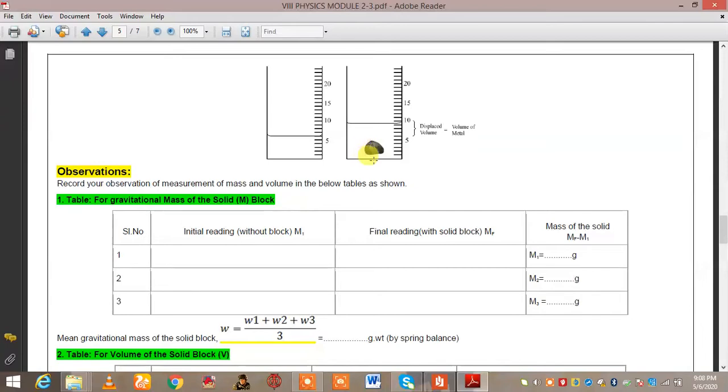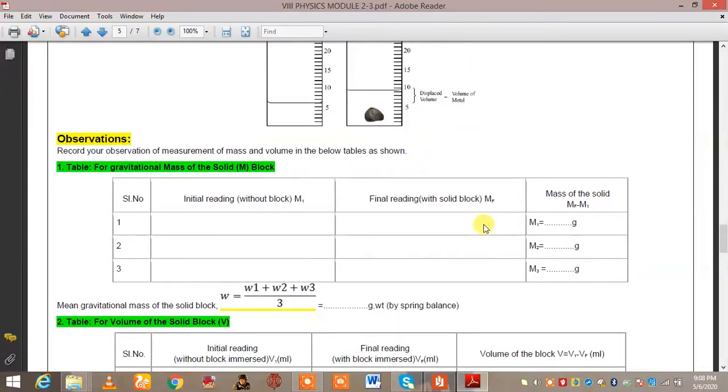Definitely this stone has mass as well as volume, so it will occupy space and the water level will rise. This rise in water level gives you the exact volume the stone occupies. So this level minus this level will give you the raised level, that is the displaced volume.